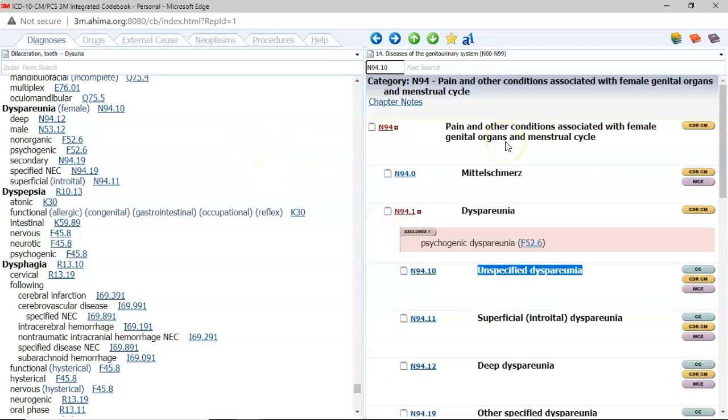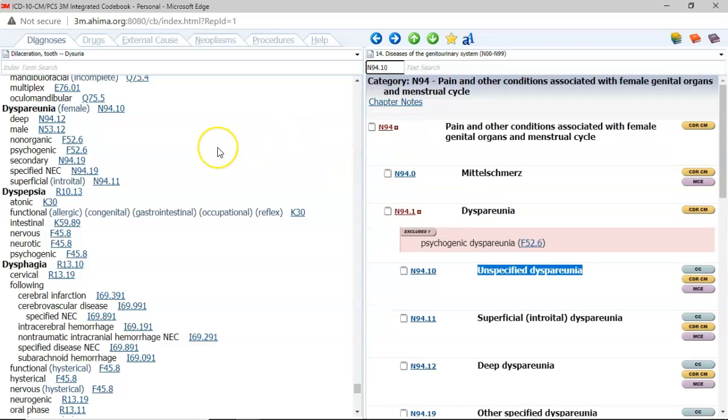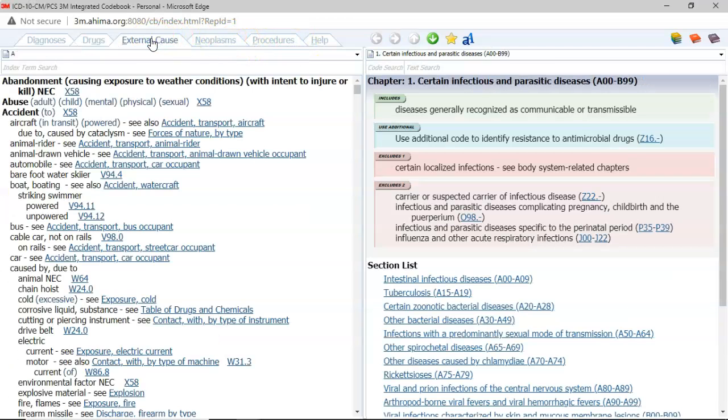We can see it in the tabular, no particular notes that apply to this, but then we are also applying the code for the late effect, O94, and you remember we went to sequela, pregnancy to find that code O94. Now we also have an external cause code listed here. So let's go to the external cause.